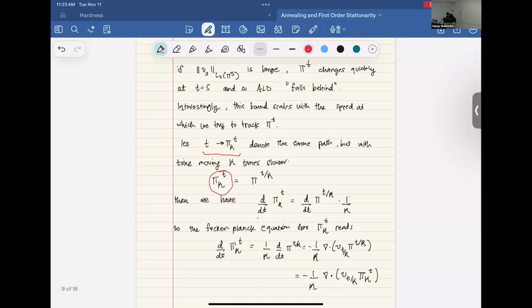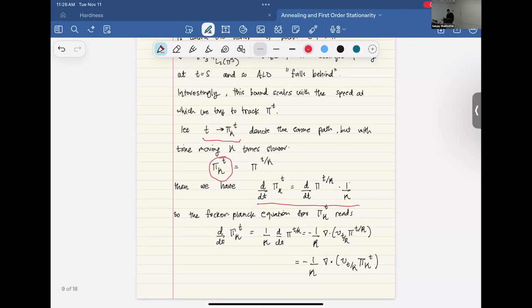By the chain rule, we have this: the derivative of pi kappa t is the derivative of pi at t over kappa, times 1 over kappa. This is just an application of the chain rule. Then the Fokker-Planck equation for pi kappa t follows from here, and this is the Fokker-Planck equation for pi t over kappa.